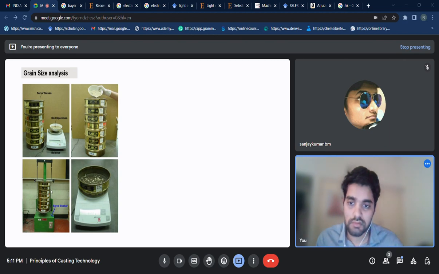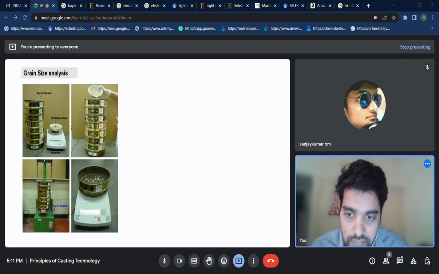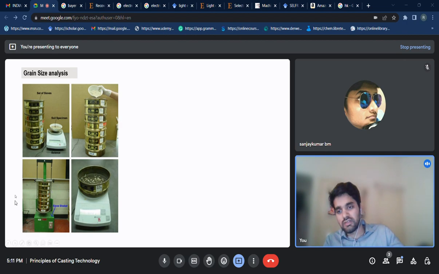With the sieve shaker there will be no bias, since it moves with the same speed, the same RPM, the same amount, while manually there won't be that consistency.